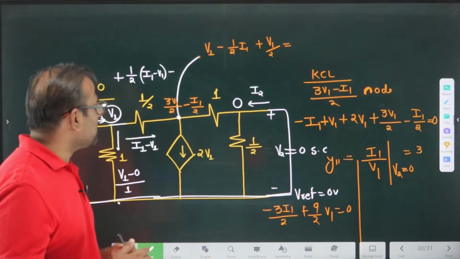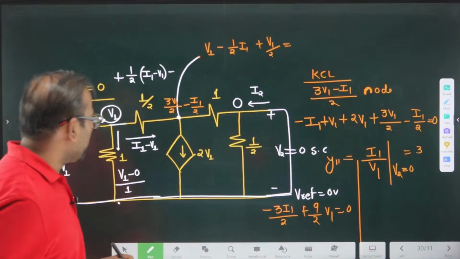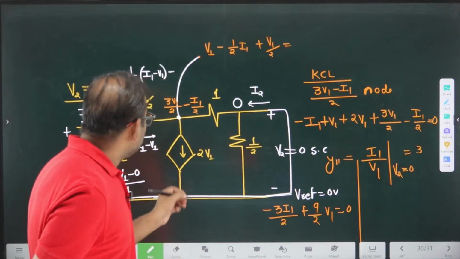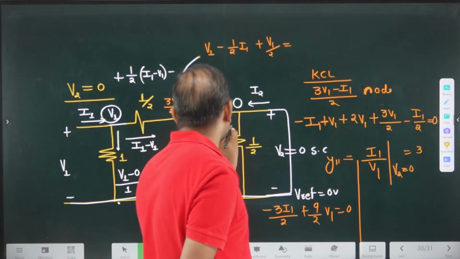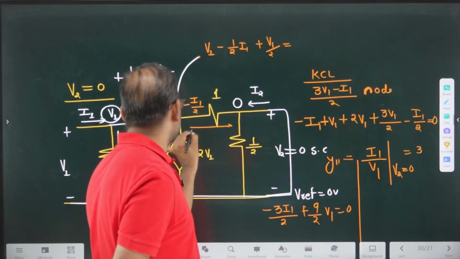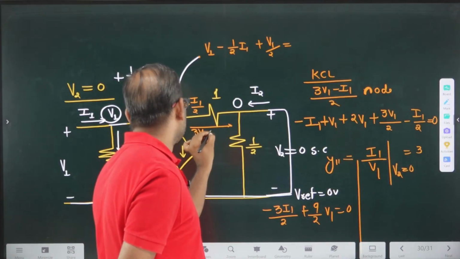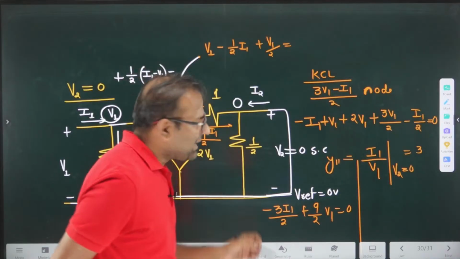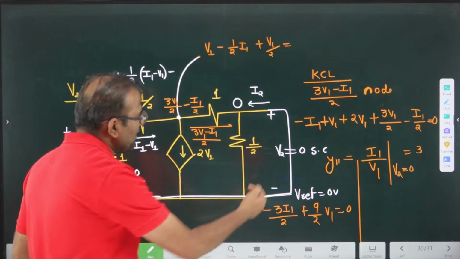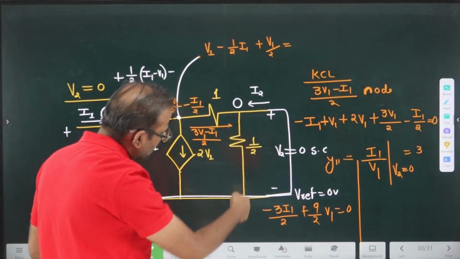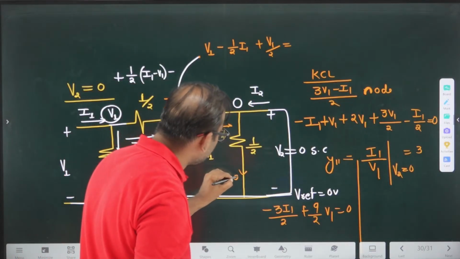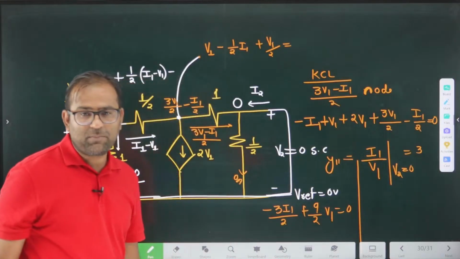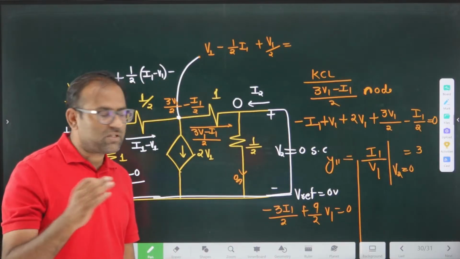Now we are interested in what? We are interested in one more thing. And what is one more thing? Can we calculate the current in this direction? The current in this direction is 3V1 minus I1 divided by 2. And can I say, if the incoming current is I2 but no current is going inside the resistance, because the current across resistance can be written by the potential difference divided by resistance.